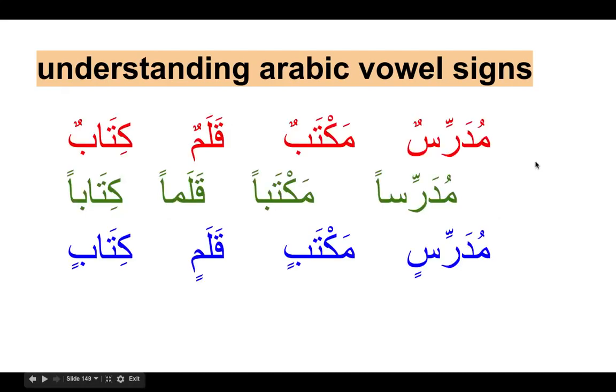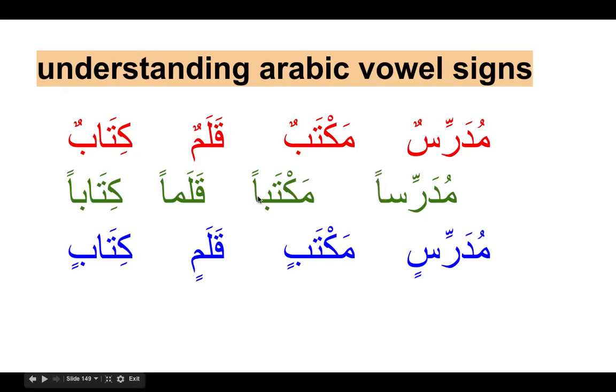For double dhamma, we write normally, mudarrisun, on the top of the letter, maktabun, top of the letter. For double kasra, mudarrisin, below the letter, maktabin, below the letter. But if you notice, there's something different happening here. For mudarrisan, the double fatha is always written on an alif.